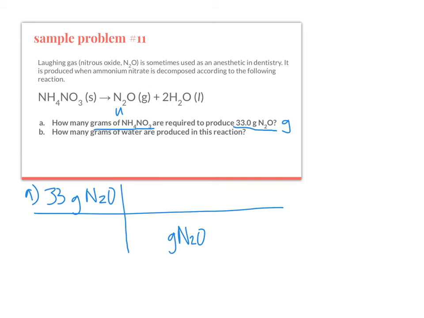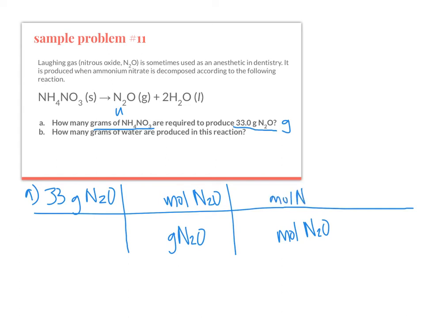So you have to go to moles N2O, mole N2O, and then we're trying to get to NH4NO3. So then you go mole NH4NO3. If that's on top, it has to go on bottom. I'm running out of room.